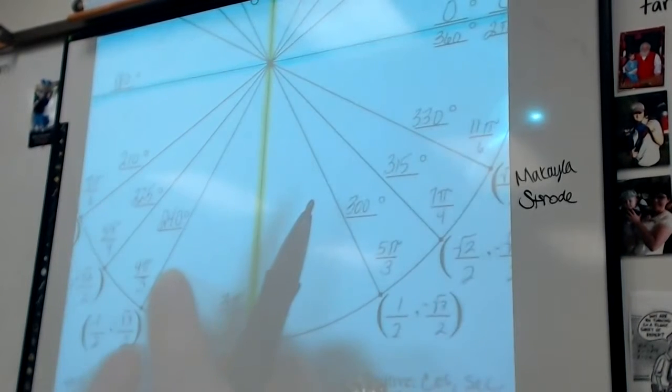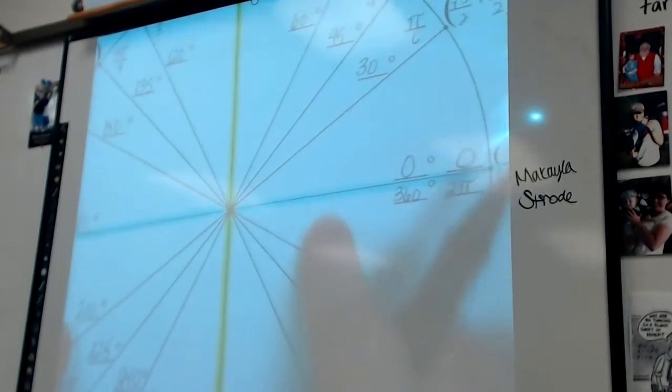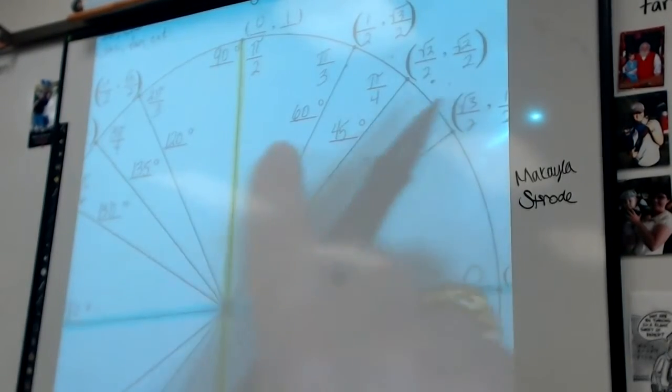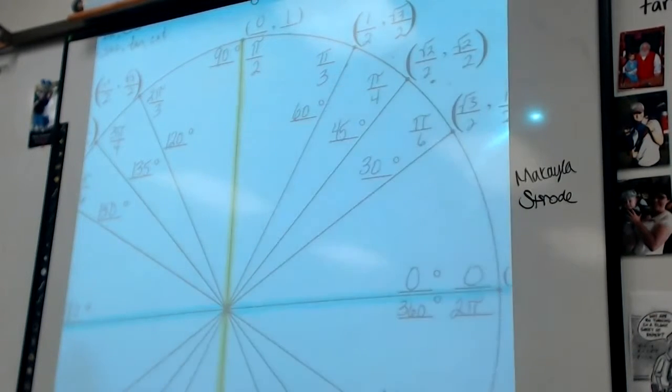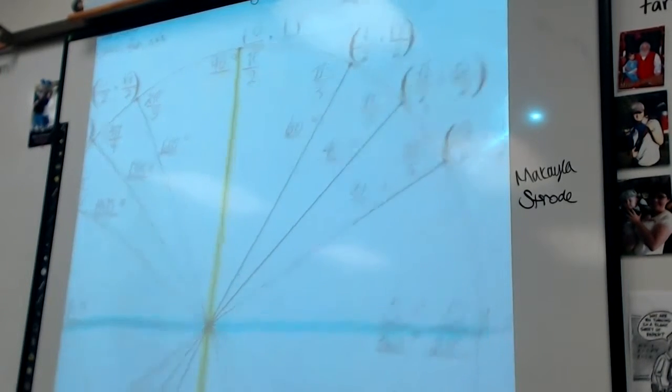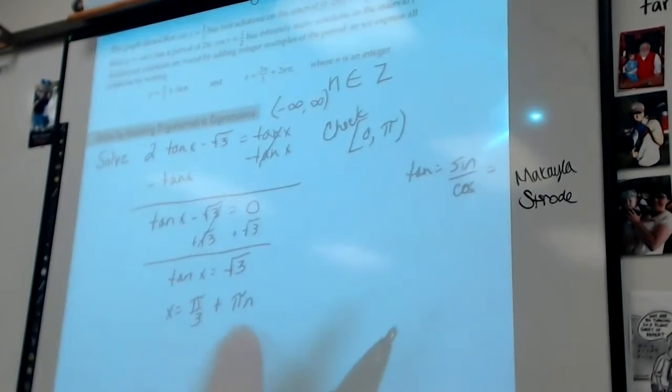And that makes sense because you do square root of 3 over 2 over 1/2, and they're both negative, so you get a positive. And if you go halfway around the circle again, you'll be back where you started. So every time you go halfway around the circle, your tangent is square root of 3. Does that make sense? So when you put plus pi in, the n is the number of half revolutions, half circles. All right.